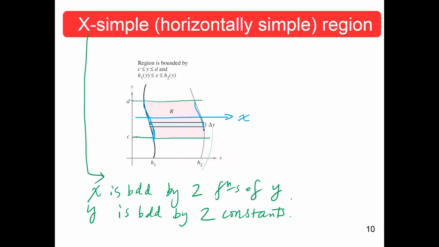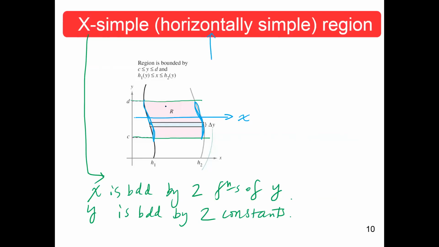Second will be a higher bound of x, which is this graph, h2 of y. So we see y between c and d, x between h1 and h2. These types of regions, if you draw an arrow, the arrow would go horizontally. You can also say this is horizontally simple.